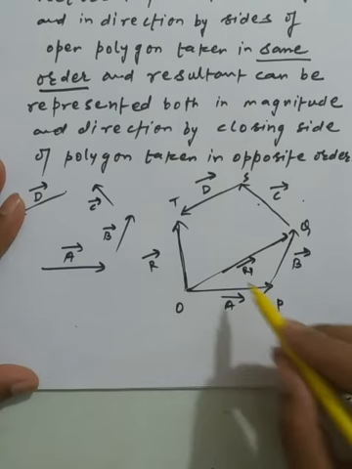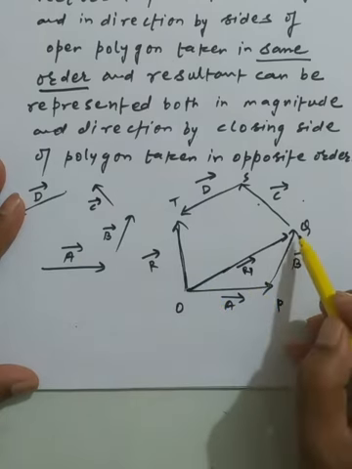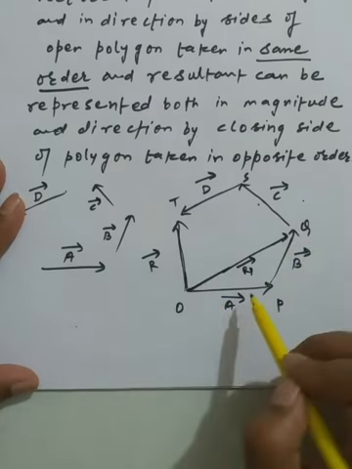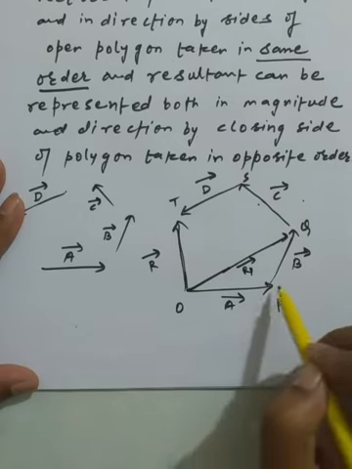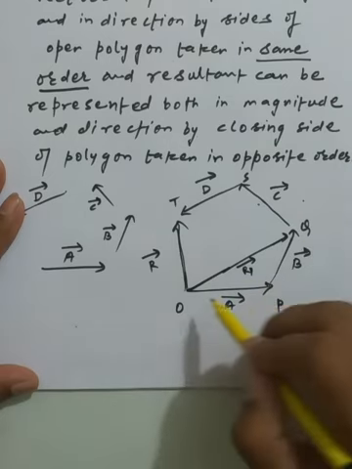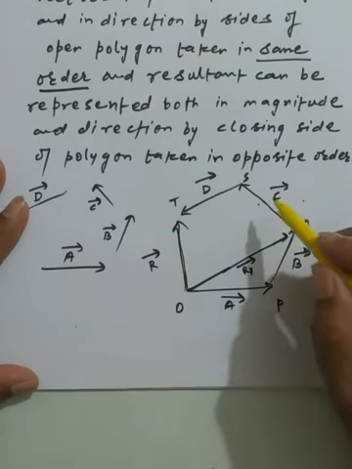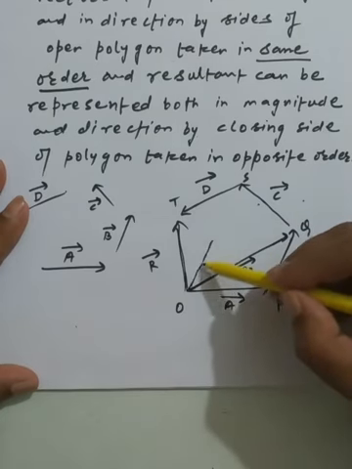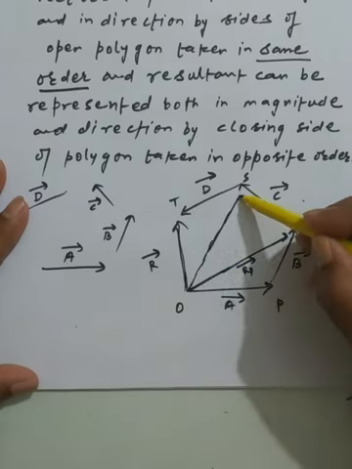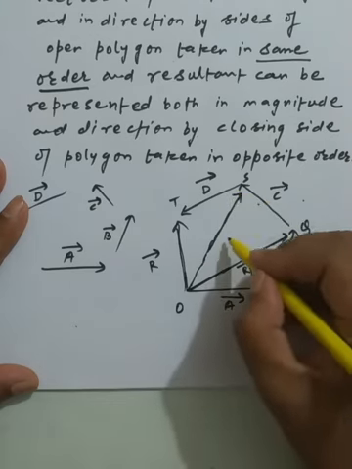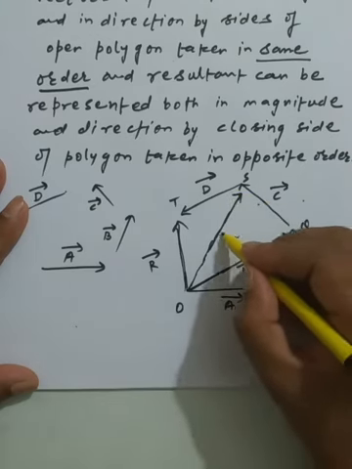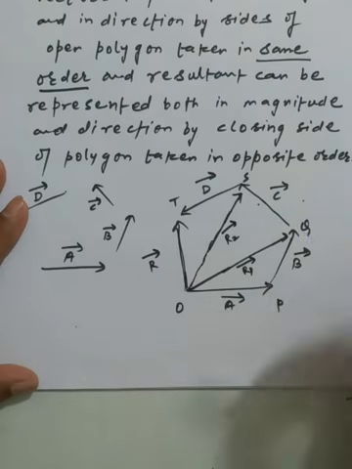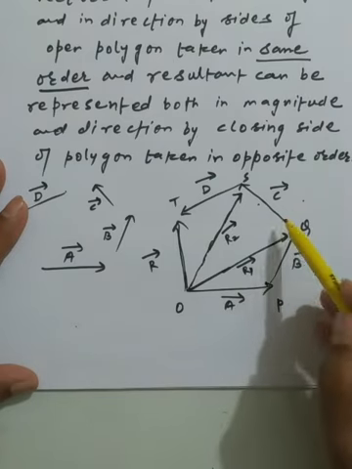Here, from O to Q, we have one vector, which is the sum of the two vectors, that means OP plus PQ. Then I take OQ and QS, the third side of a triangle being taken in opposite order, applying the same rule. So the OS vector gives R2, and R2 is the sum of the vector R1 and C.